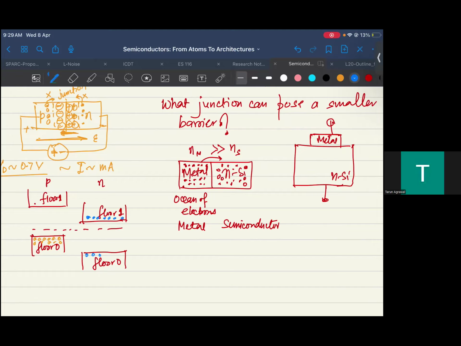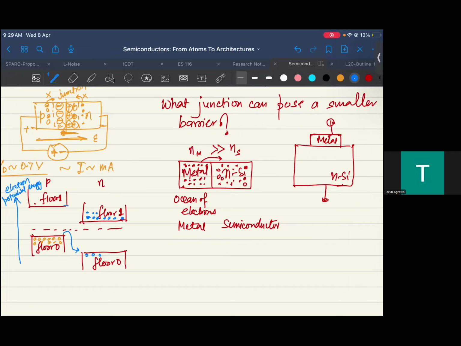So then what you see in this particular scenario is that the hole is going to see, oh, there are fewer holes here, I can go to this side. And the beauty in this is that it still has to go through a barrier, right? Why is it a barrier? Think of it, this is the direction in which we are drawing electron energy. All of this we are describing in terms of electron potential energy.